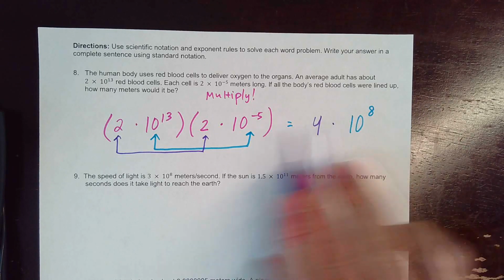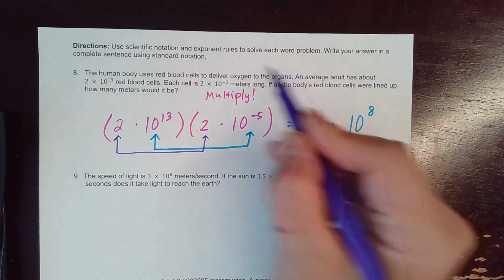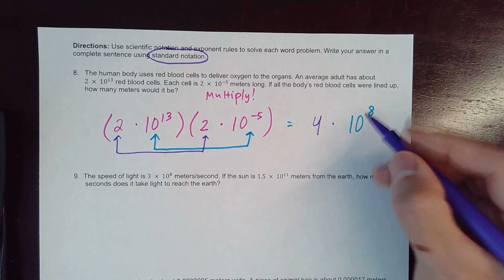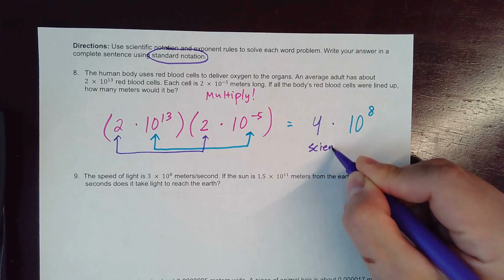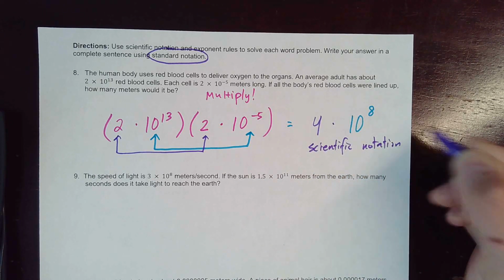Now you can see how I was able to quickly multiply, but it does say that they want the answer in standard notation, right? This is scientific notation, but they want the final answer in standard, right?